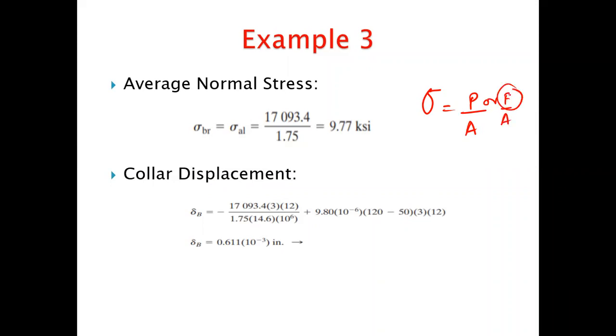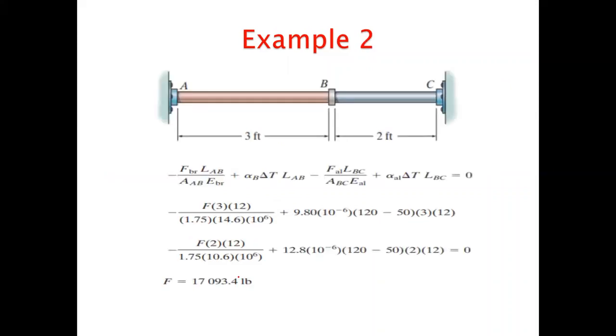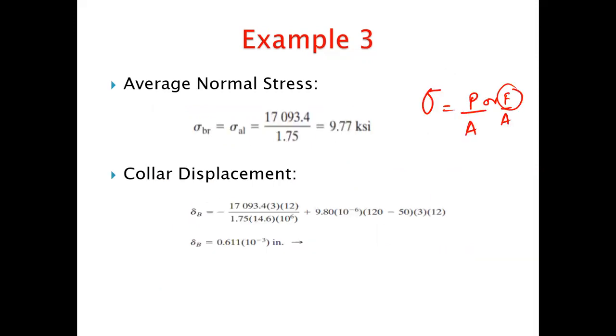We have determined F, which is on the previous slide, 17093.4 pounds. So we put F over A, where A is the cross-sectional area, and we get the stress in the bar.